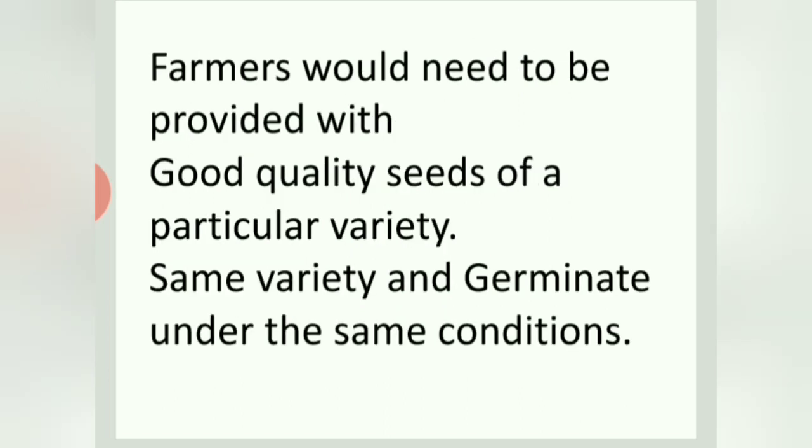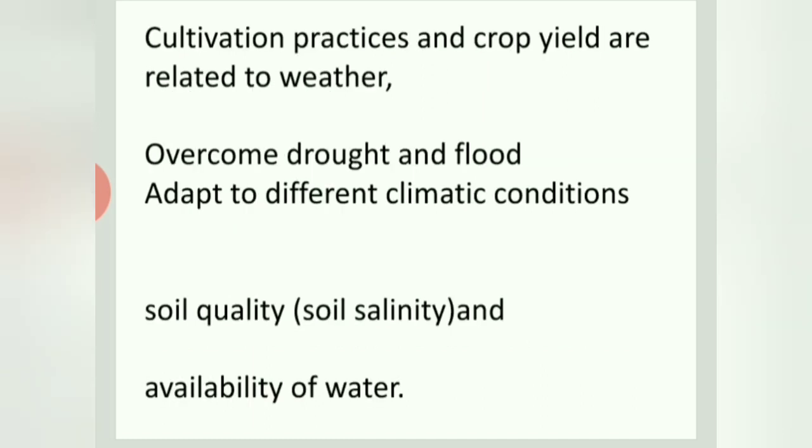Farmers should be provided with good quality seeds of a particular variety that germinate under the same conditions. And the crops should be able to overcome drought and flood, and adapt to different climatic conditions like soil quality, soil salinity, and availability of water.